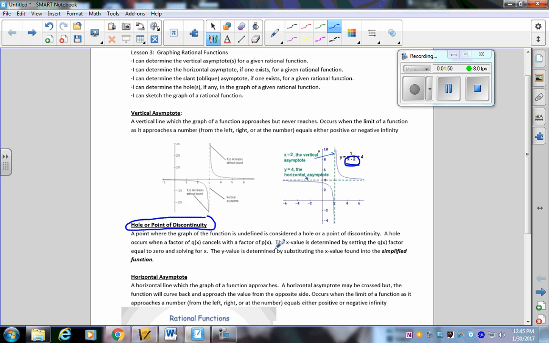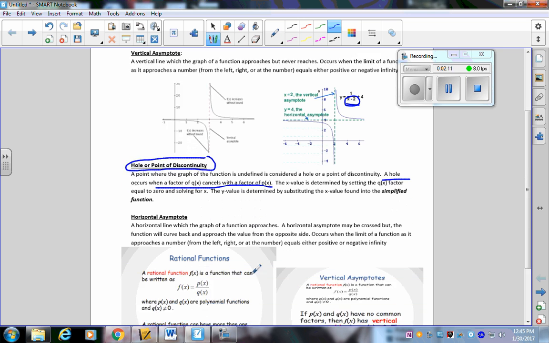We'll talk about the difference between a hole and a vertical asymptote and how you distinguish between the two. When you factor your numerator and your denominator, if you have a factor in common on the top and the bottom that you can cancel, that itself will determine a hole. Any remaining factors left over will be your vertical asymptotes. And we'll go into that.